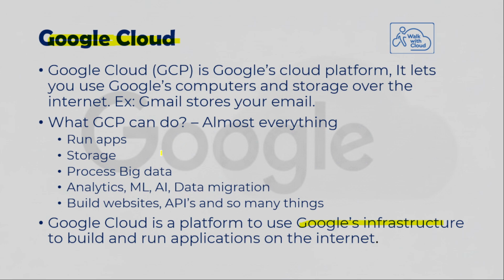Using Google Cloud, you can do almost everything. You can run applications, use it for storage, process big data, AI, ML, APIs, whatnot. In short, you can build and run almost anything using Google Cloud.